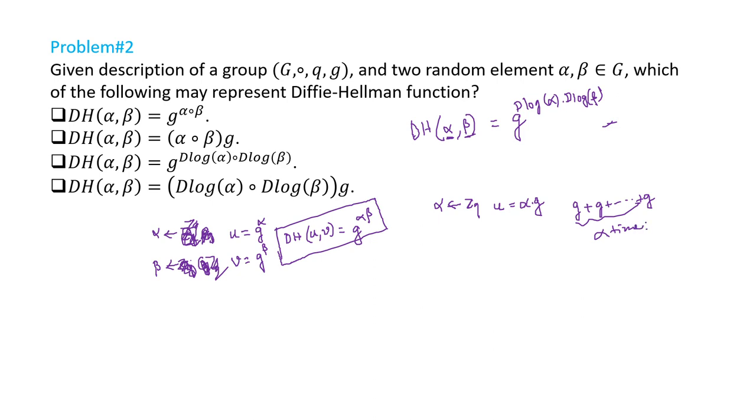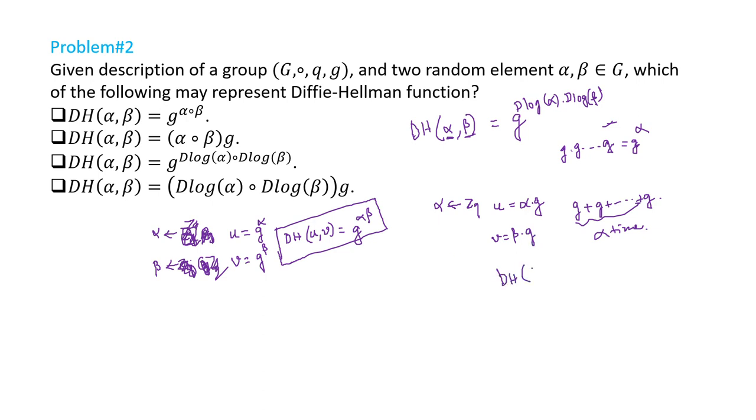In the case of a multiplicative group, the operation is multiplication, so multiplying g alpha times gives g to the power alpha. But if the operation is addition, then adding up g alpha times gives you alpha into g. Similarly, beta into g for beta.